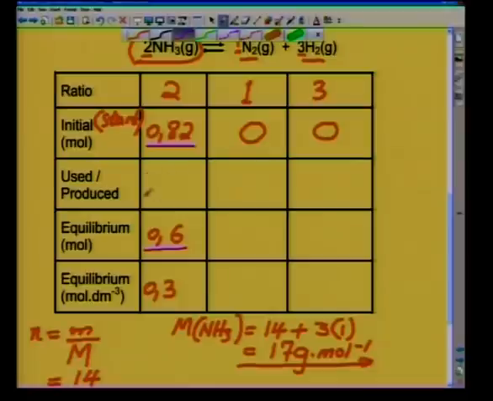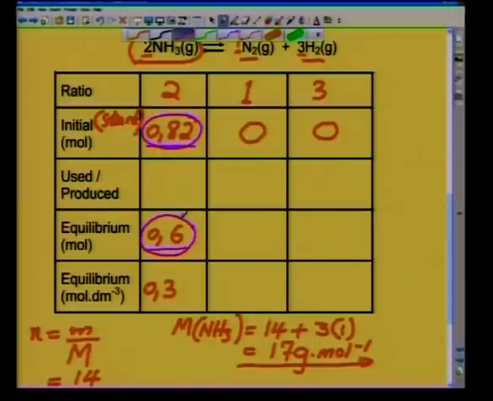In other words, how many moles of ammonia have been used up? It will be the total number of moles of ammonia we started with minus the number of moles of ammonia present at equilibrium.